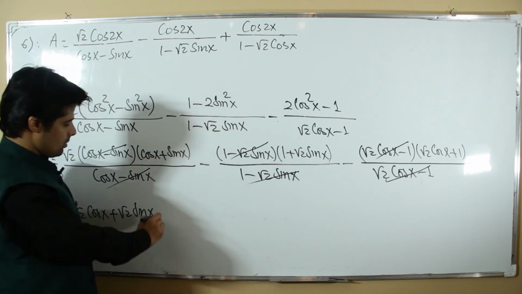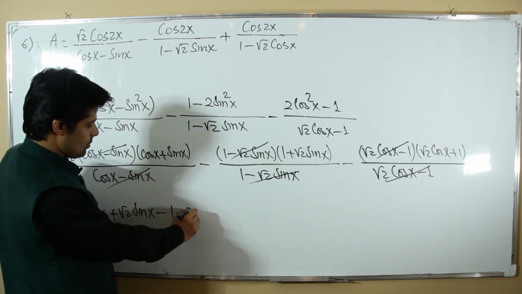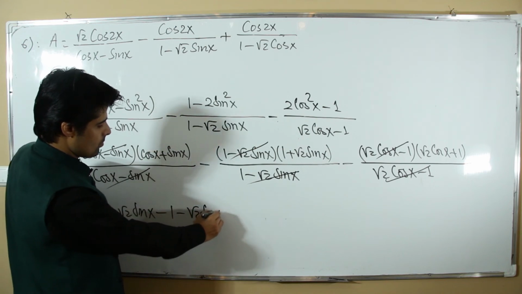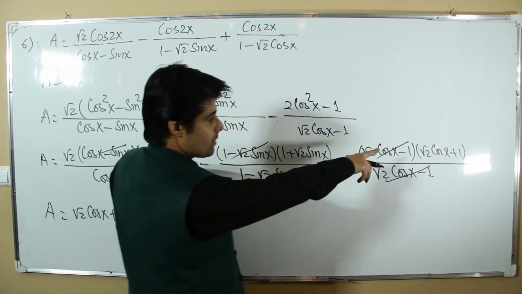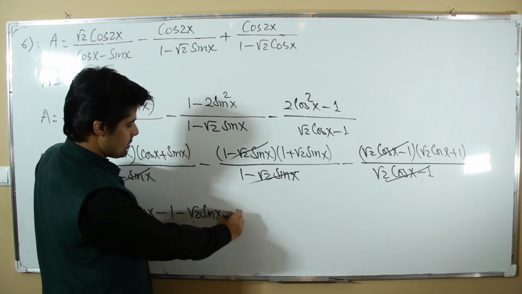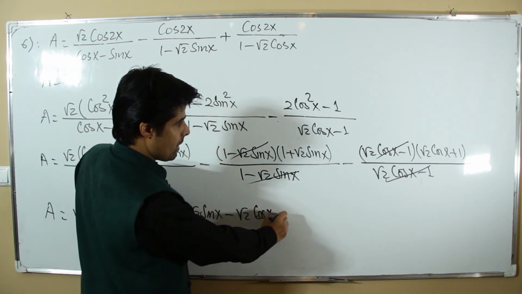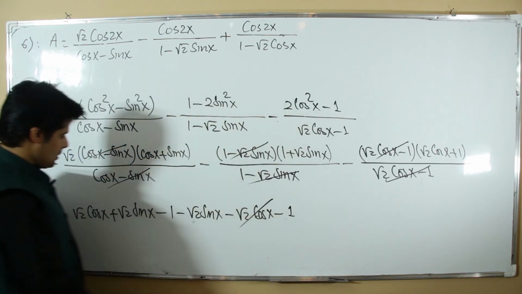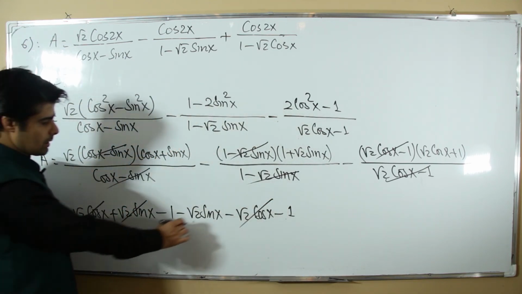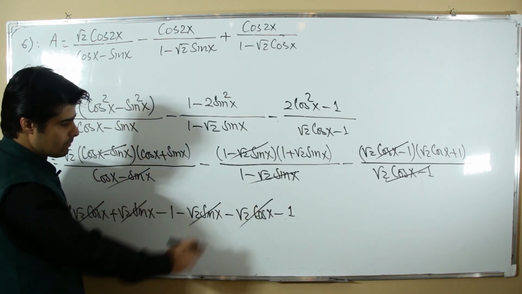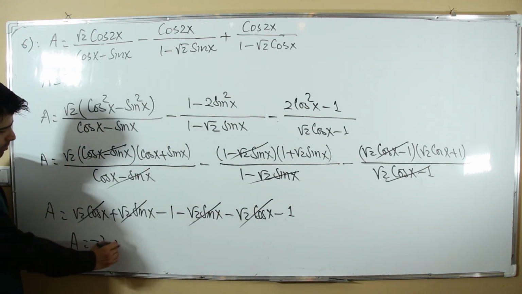Negative with this one, it is minus 1 minus 2 minus root 2 sine x. Open that bracket also: minus root 2 cosine x minus 1. This one is cancelled with this one, and this is cancelled with this one. So our answer is negative 1, negative 1. I think negative 2.